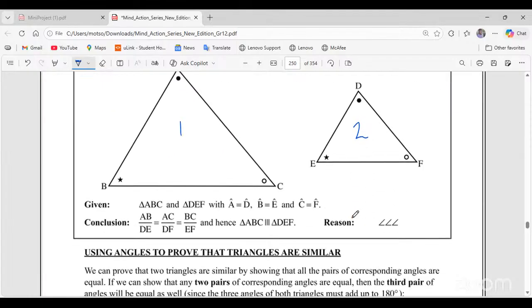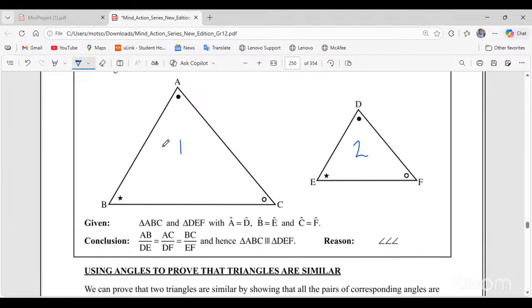Okay, now what can you do if you are given that triangle ABC, which is this one, and triangle DEF, with something that we are given here, that A is equal to D, B is equal to E, C is equal to F. Fine. Now we can just come to their corresponding sides.